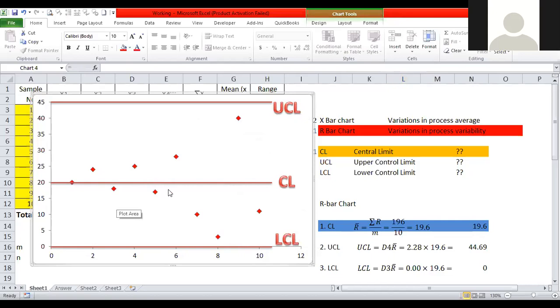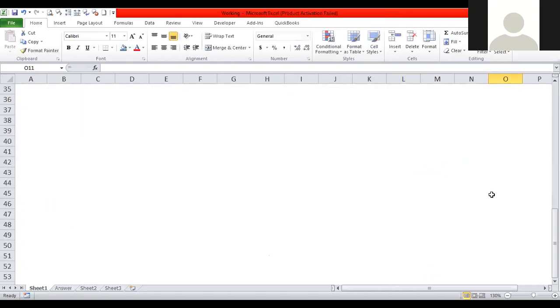I hope you understood. All our points are within the range, so there are no issues. So what is your decision? Finally, you can tell: there are no variations in process variability.